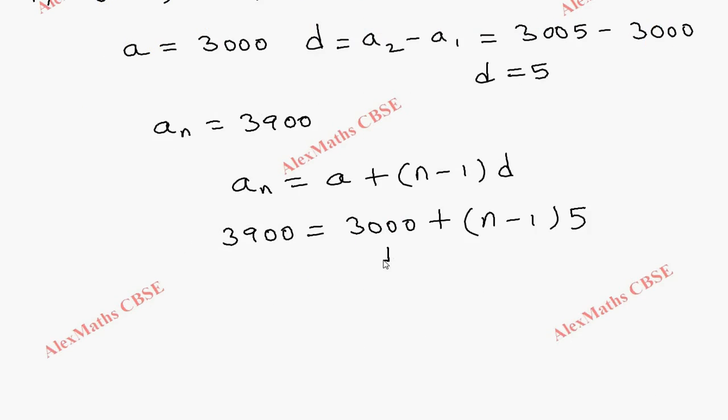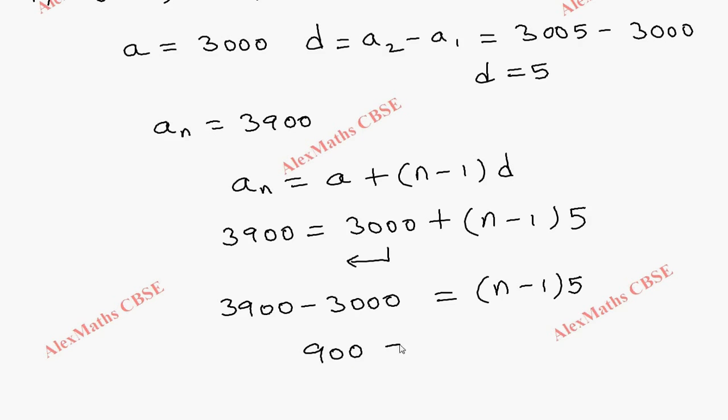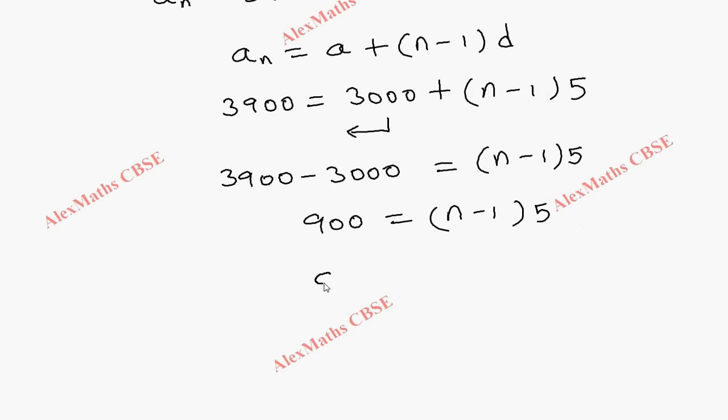Now we take this 3000 to the other side and subtract. 3900 minus 3000 equals n minus 1 into 5. After subtraction we get 900, which is equal to n minus 1 into 5. This 5 will come as a division.